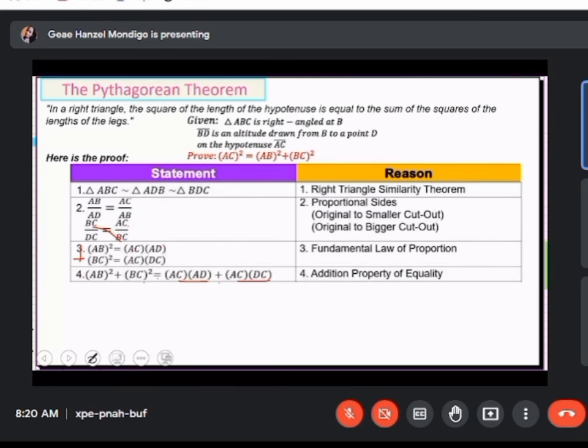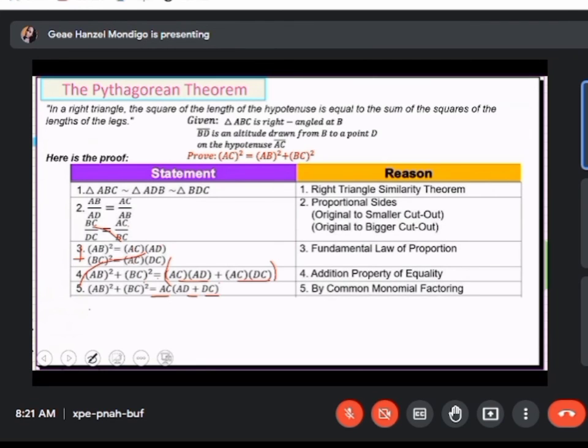Again, the next step here is common monomial factoring. So get the factor of this one. We have AC times the quantity AD plus DC, and we still copy the left side.